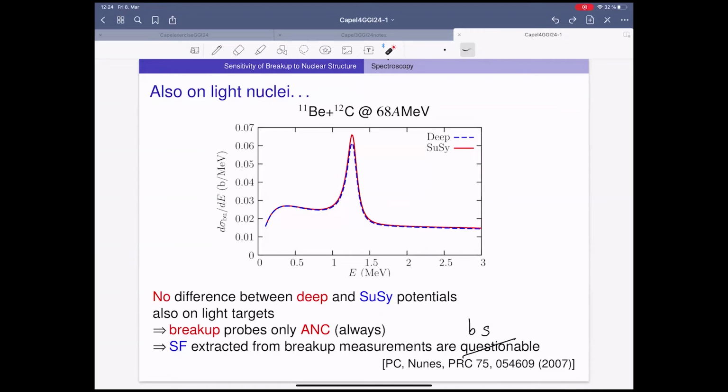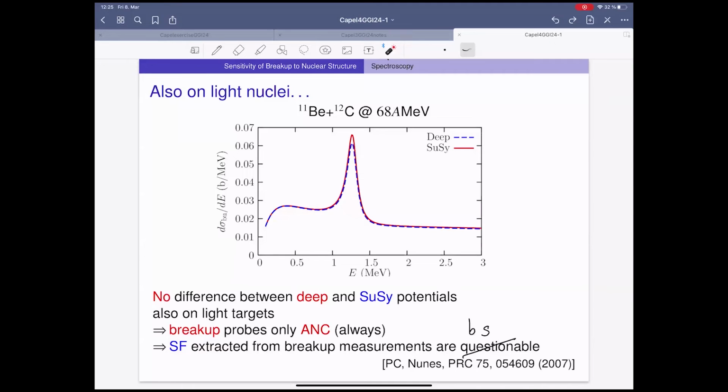Recently I have a PhD student who's trying to include a core excitation using this kind of EFT approach. So you include it explicitly in the model instead of using just effective constants. That makes it more complicated.